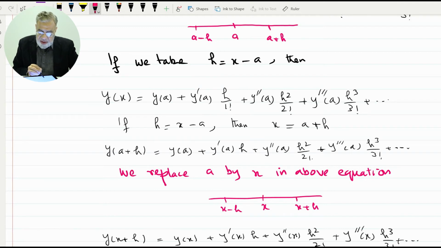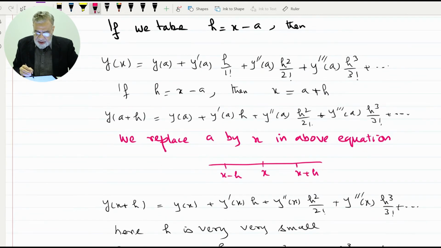I can rewrite the above equation: y(a plus h) is equal to y(a) plus y'(a)h plus y''(a)h^2/2 factorial plus y'''(a)h^3/3 factorial, and so on. Now we replace a by x. The interval becomes x minus h, x, x plus h. Our step is h: here is x minus h, add h we get x, then add h we get x plus h.